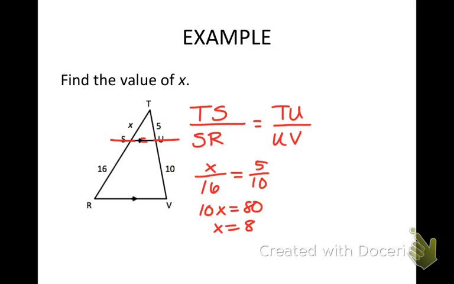Would it be incorrect if you saw it this way? X over 5 equals 16 over 10. No, because if I do x over 5 and 16 over 10, we still get the same cross products as we did over here. So however you see it, as long as it's correct, that's fine, but I see it this way.